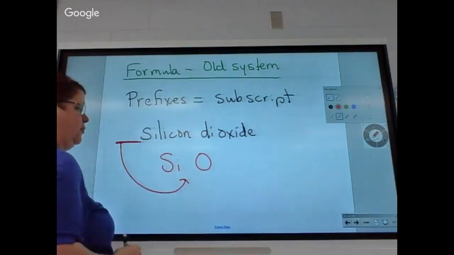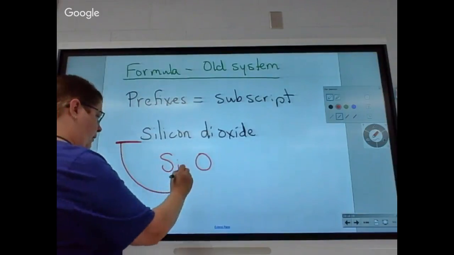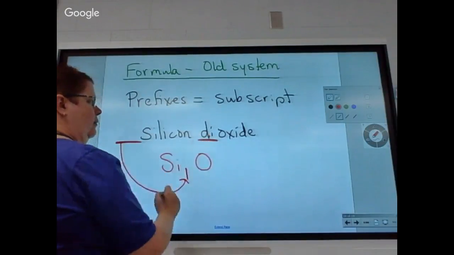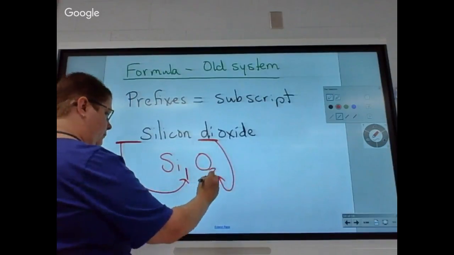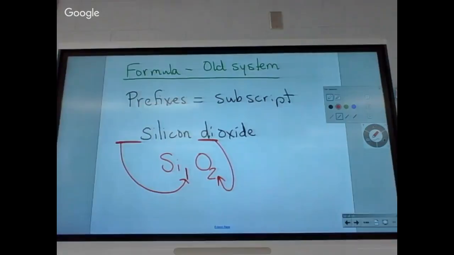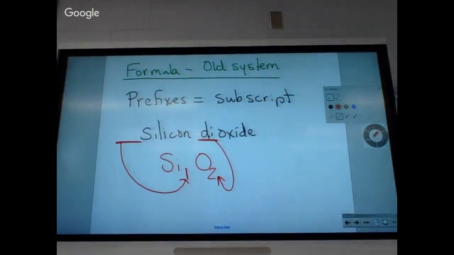That means the subscript is what? 1. What prefix is here? What subscript is here? The prefixes are the subscripts. There's no crisscrossing in old system. Does that make sense? That's the beauty of old system with writing the formulas.